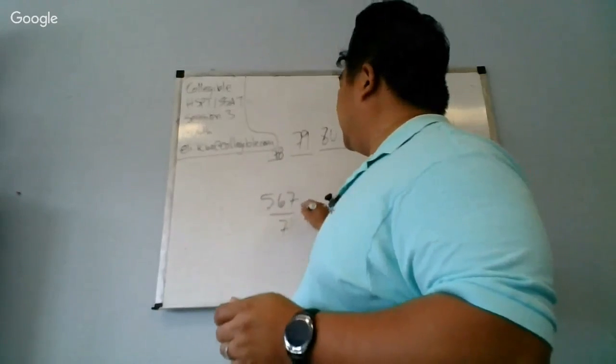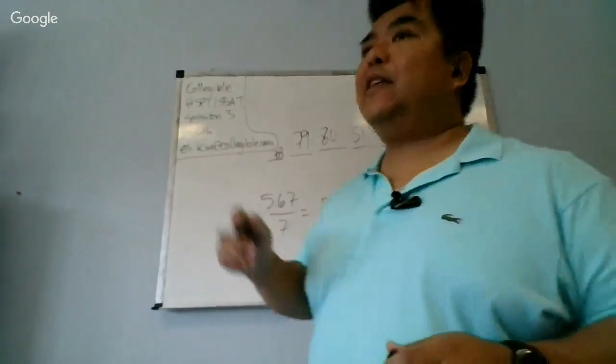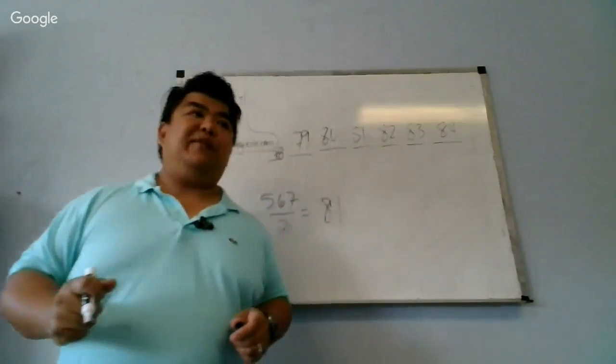Okay, it is. Okay, 567. And then you got 81, good. You could do that. Donna did it the long, hard way to do it.